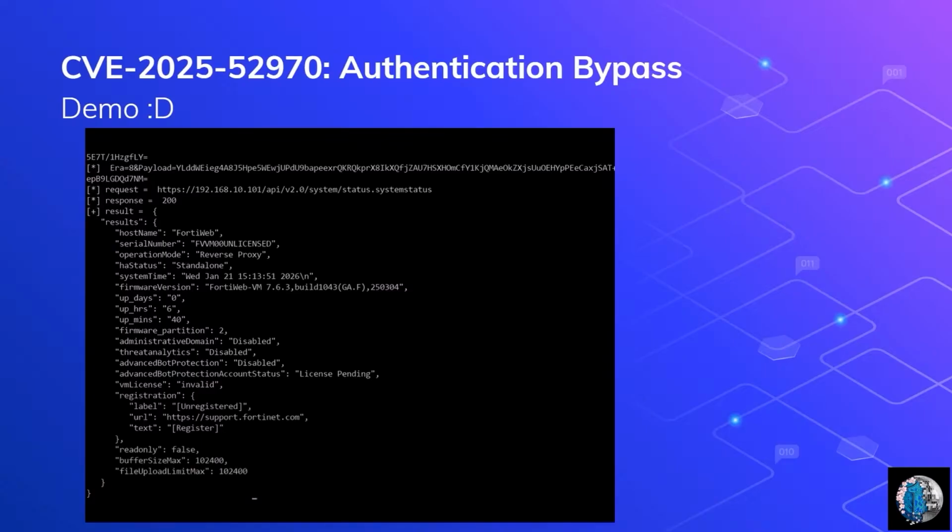I don't think you can see the name of the endpoint, it's called system status. And we get a 200 response, and we also get the JSON response. This endpoint starts with API v2, so like we saw in the configuration earlier, it goes through the Apache module. So this endpoint is behind authentication, and we bypassed authentication.